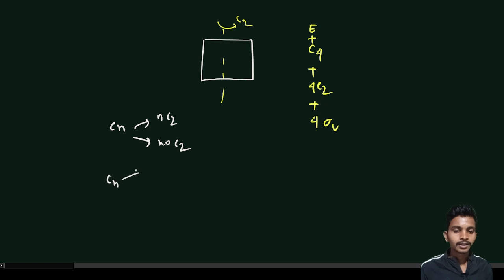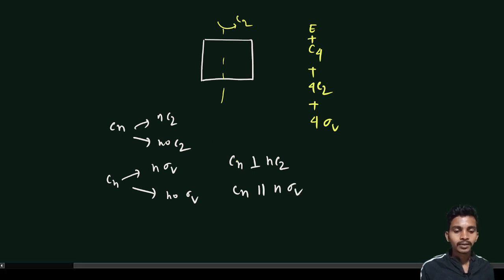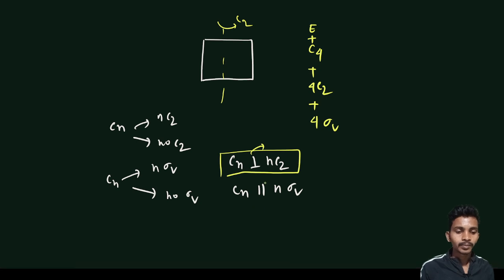Similarly, if Cn is there, then n sigma v is there or no sigma v is there, and Cn is perpendicular to nC2 and Cn is parallel to n sigma v. So we have to note that for the axis case this is perpendicular, and whenever we are talking about sigma, that is planar symmetry, then they are parallel.